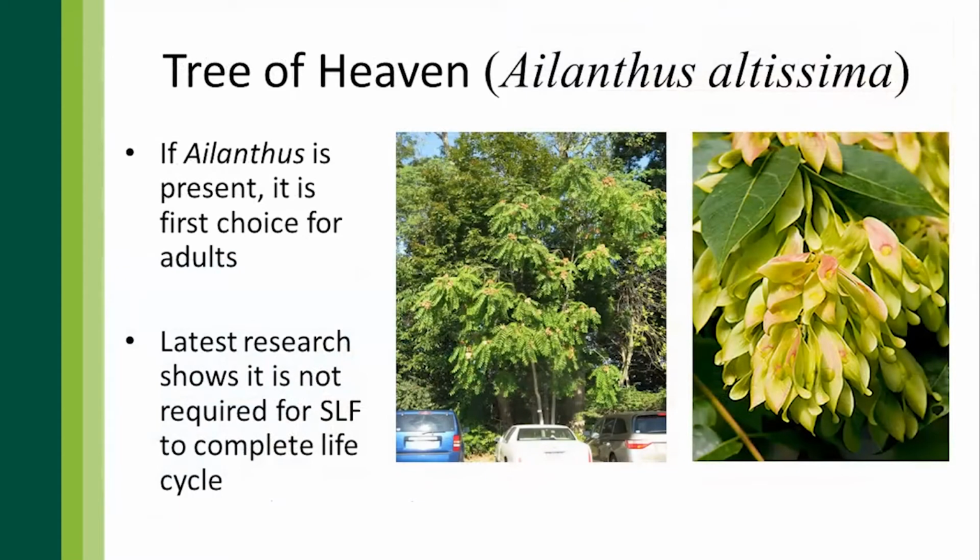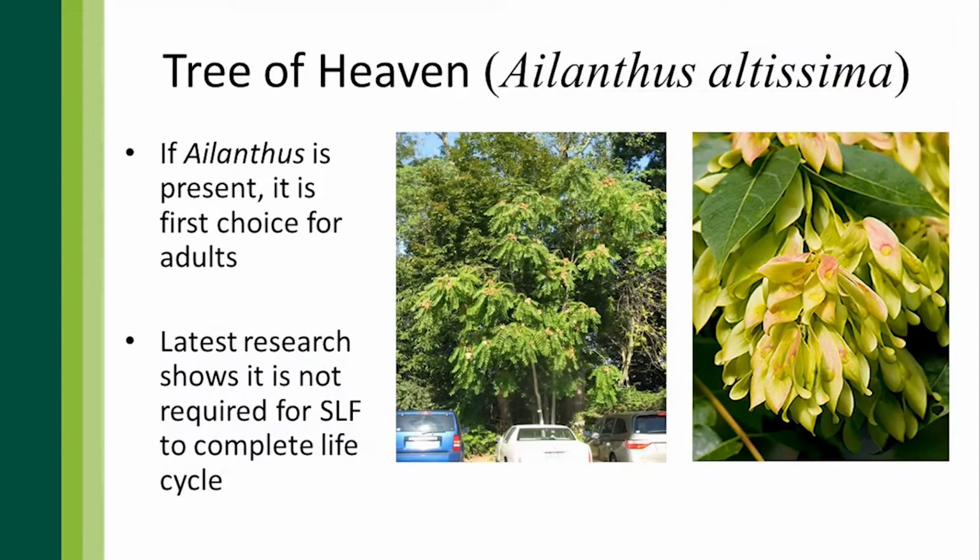What does it actually feed on? It prefers Ailanthus, so tree of heaven. It's the first choice for the adults to feed on, but certainly, as I'll show next, they have a very wide host range. And the latest research is showing that tree of heaven is not required for spotted lanternfly to complete its life cycle. It is able to complete it on other plant species as well.